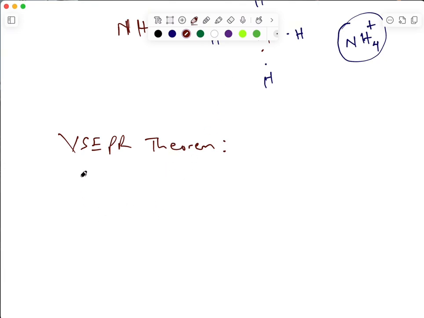Know that any binary compound is always linear. That's the shape of binary compounds. So we usually start from three and above. When I say binary compound, I'm talking about a compound with only two distinct atoms in it.